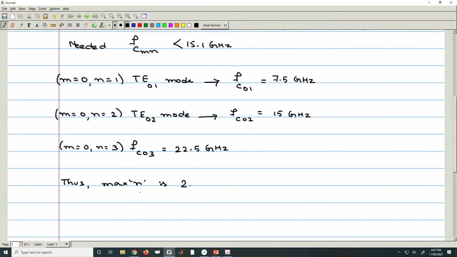Now what we will do? We will now fix n and then change m. Therefore for TE10 mode, we will have f_c10 as 3 gigahertz.